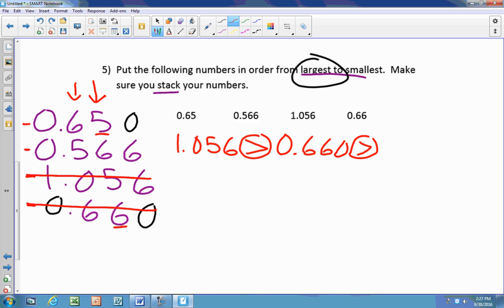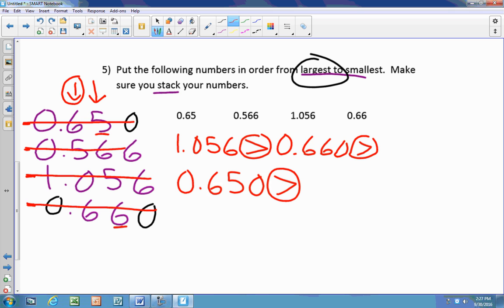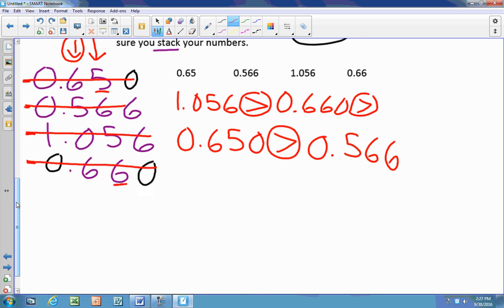And then I go back again to looking at my tenths, and I have a 6 and a 5, so I know it has to be this one. And then we're left with this final number. So we have our inequality symbols, we've stacked, and we're in order from largest to smallest.